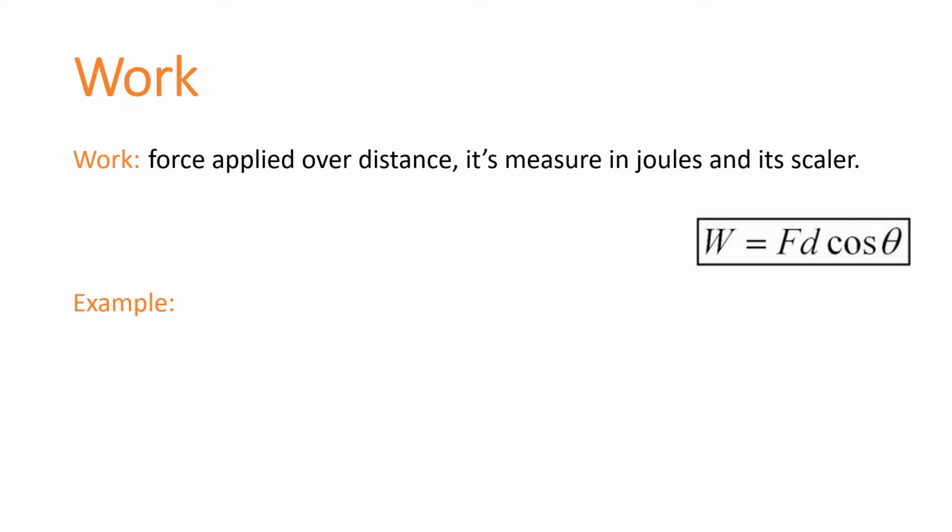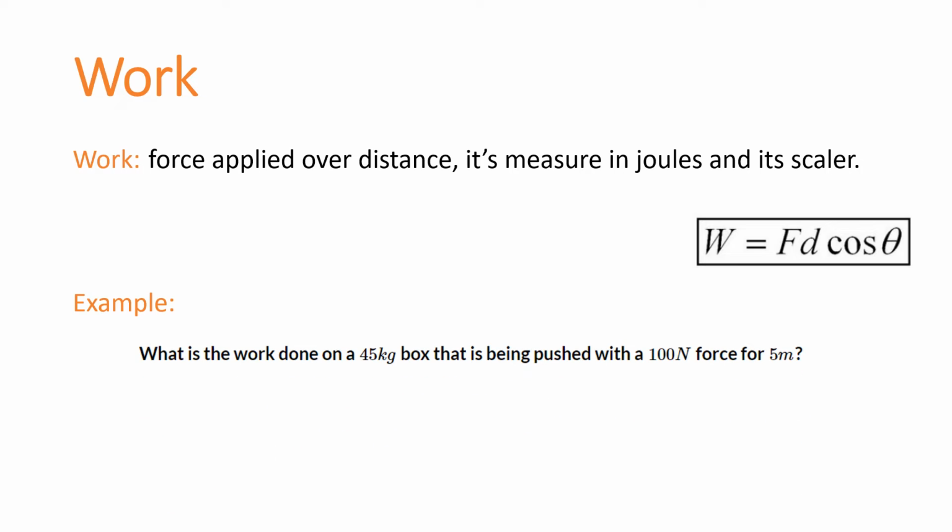So let's look at an example. What is the work done on a 45 kg box that is being pushed with a 100 Newton force for 5 meters? So we'll reduce this equation to find work.